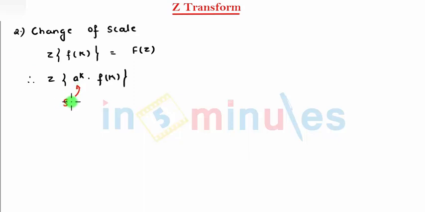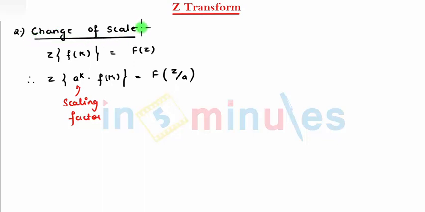So I just define this as scaling factor into f of k, which we can say further as F of z divided by a. That means a scaling factor which multiplies gets divided in the z domain on the other side. So that's the change of scale property.